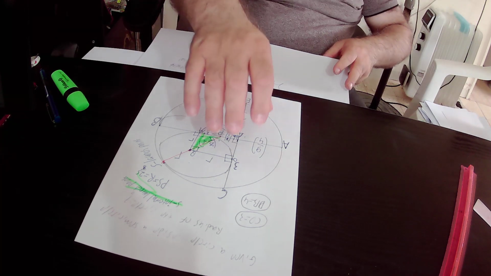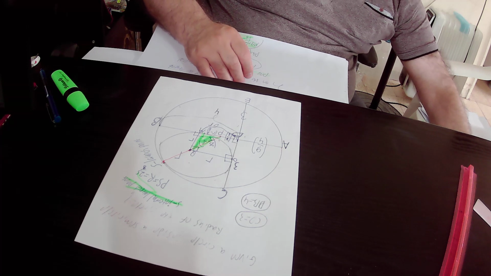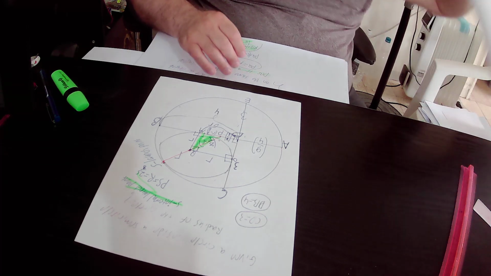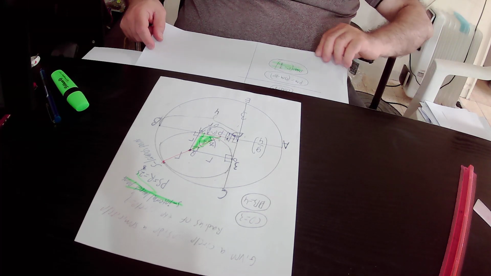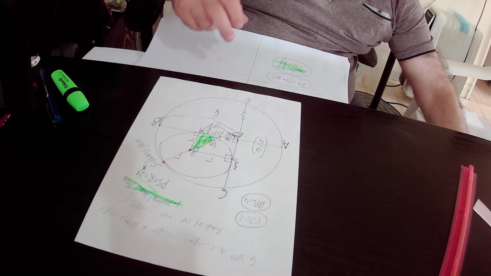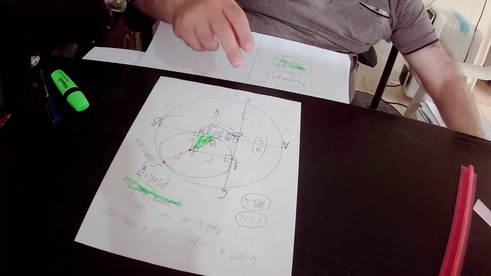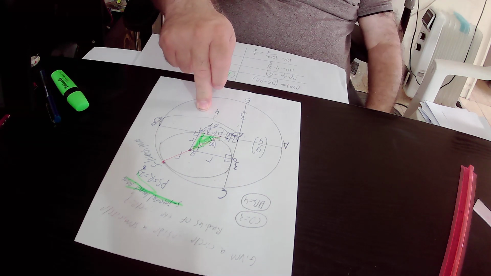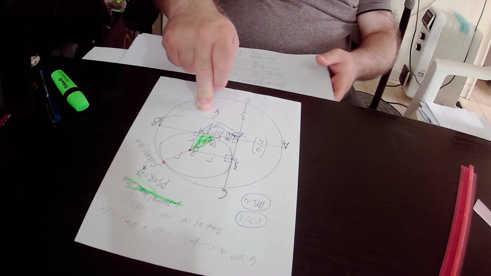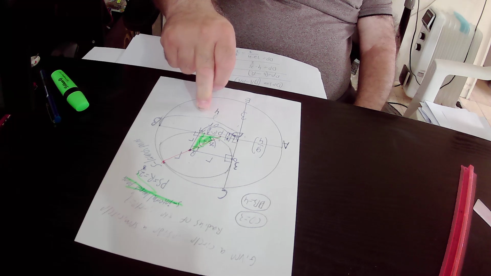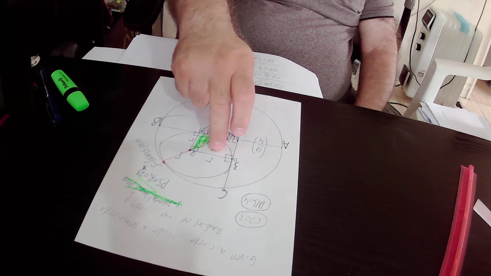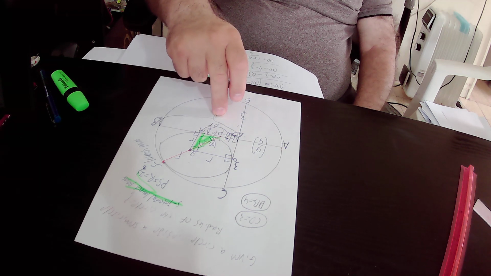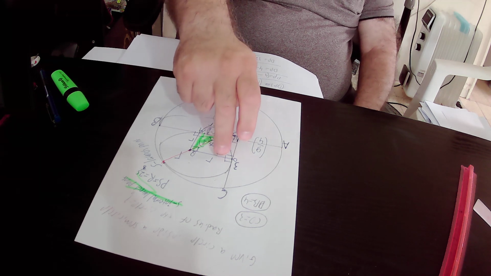We completed the semicircle to a circle, and by completing the semicircle to a circle, we created a second semicircle. This is the second semicircle that we created. It is actually the mirror image of the original semicircle.